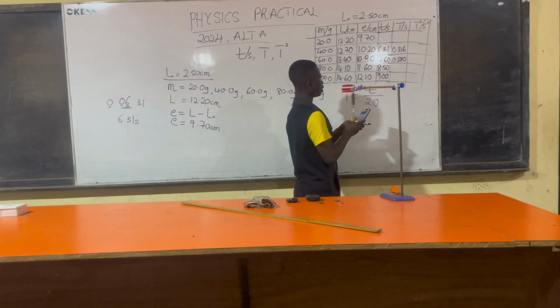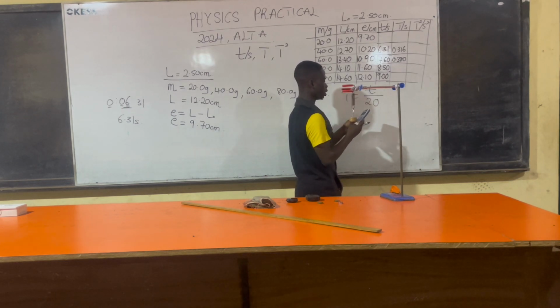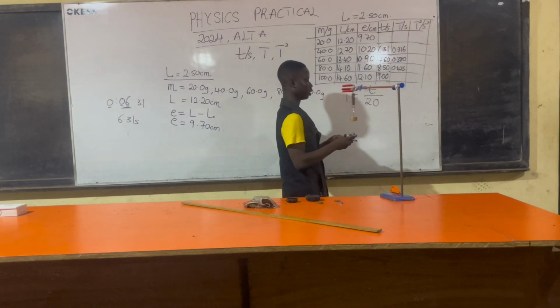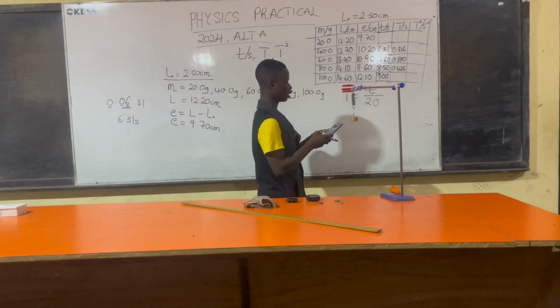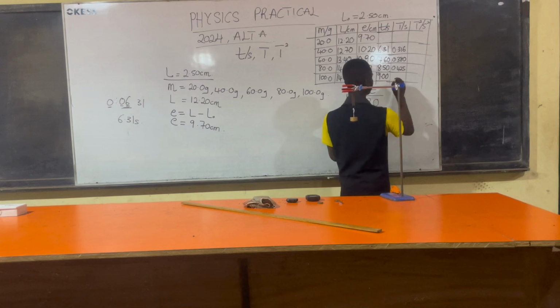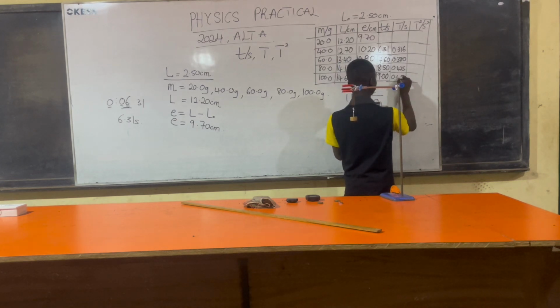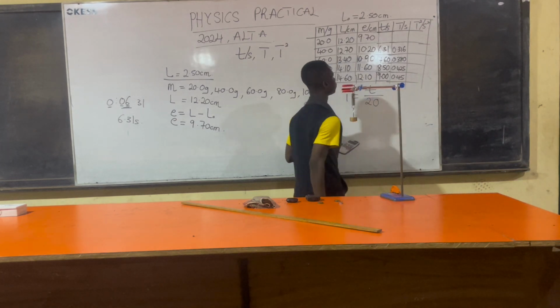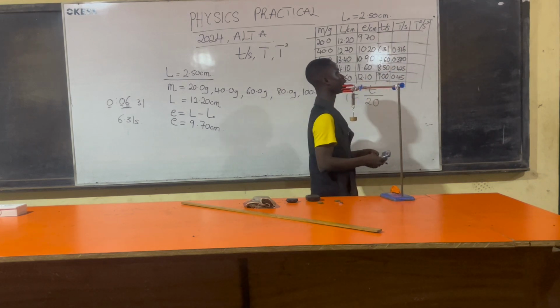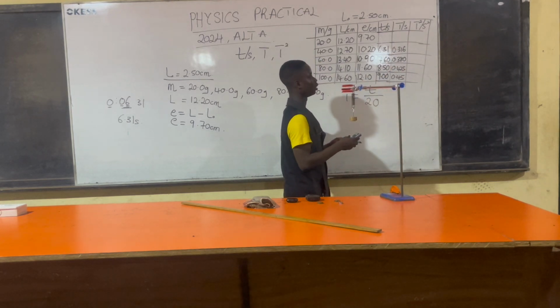8.5 divided by 20, 0.425, 3 decimal places. Our last one, 9.0 divided by 20, we have 0.45. Then whatever we have over here, we just square it to get our T squared.